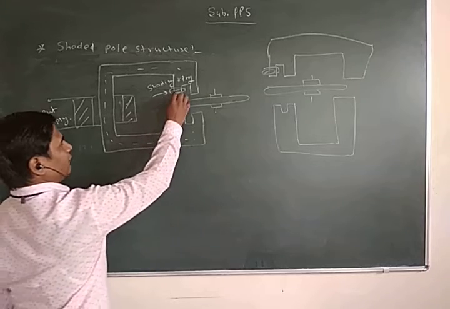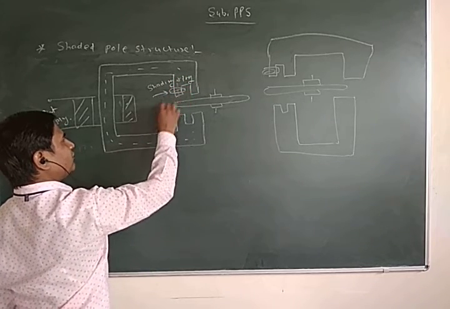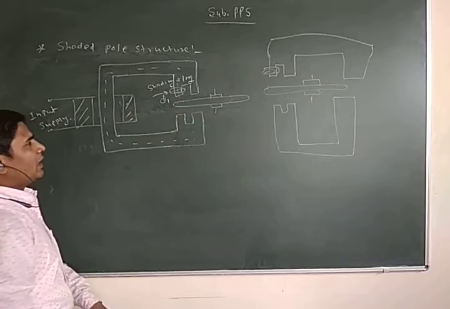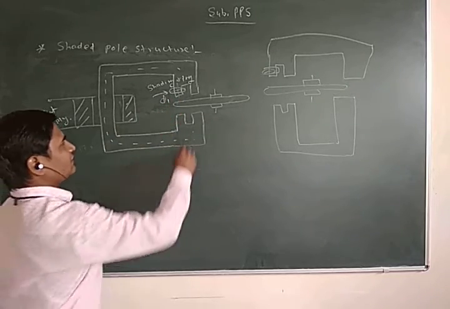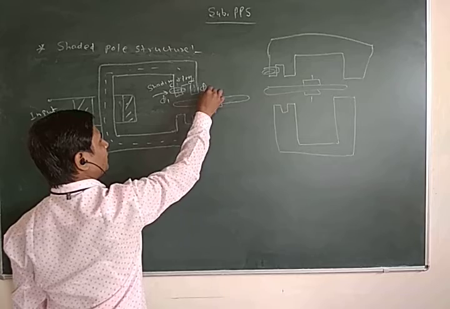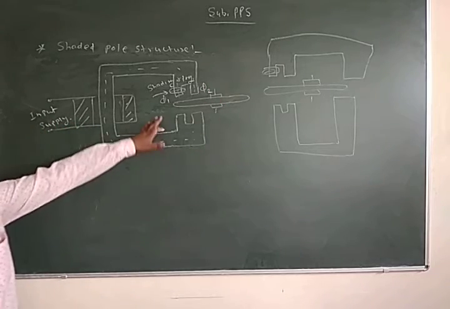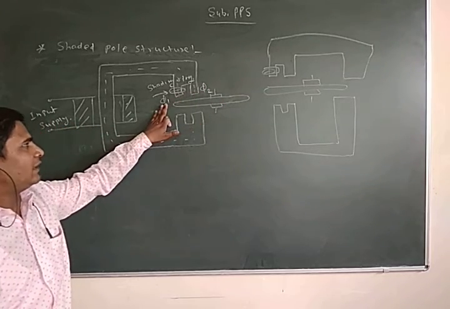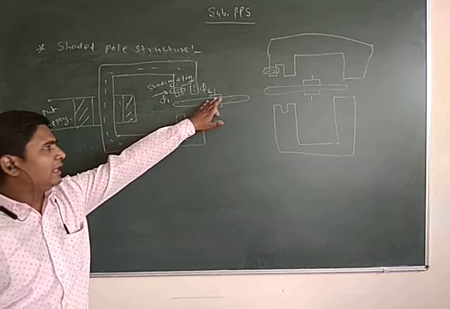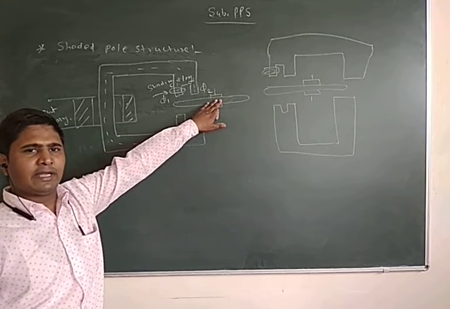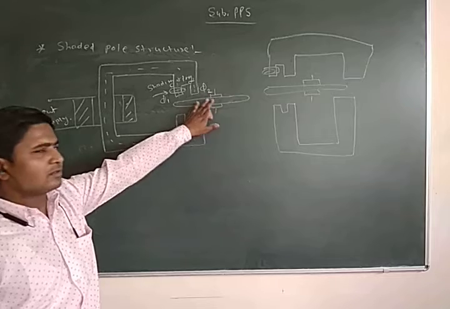So the flux is phi 1 in the shaded part. The flux is phi 2 in the unshaded part. Due to interaction of these two fluxes phi 1 and phi 2, a force on the disc is produced, due to which this disc rotates.